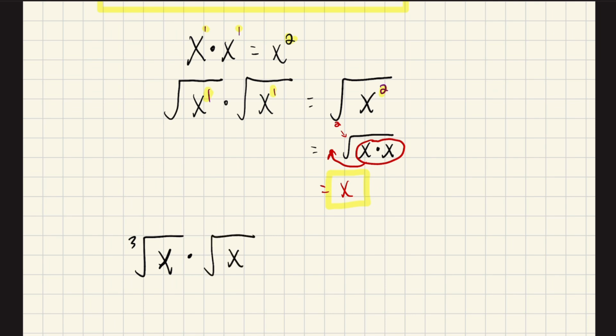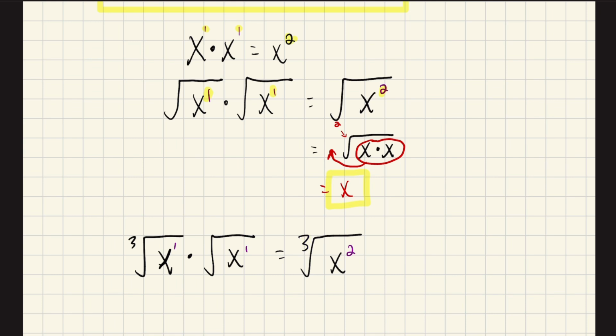Right now, that is going to be x to the 1 times x to the 1. That is just going to equal cube root x to the 2, which when I simplify, will not simplify into a number that is no longer radical, right? Because you can't pull out groups of 2 when the index is 3.